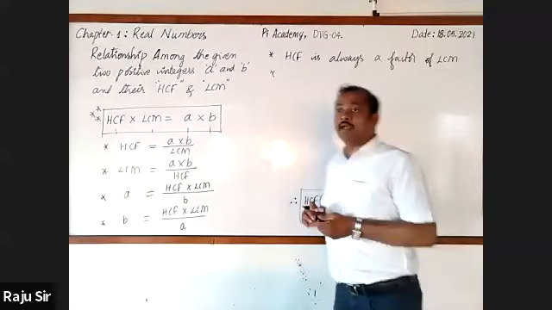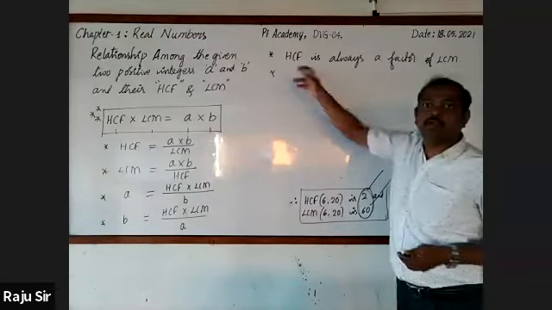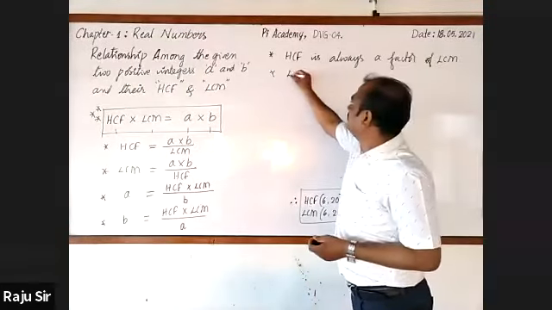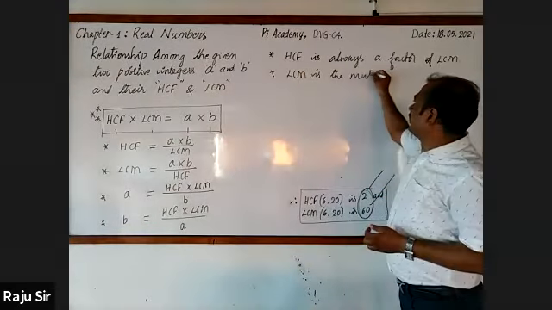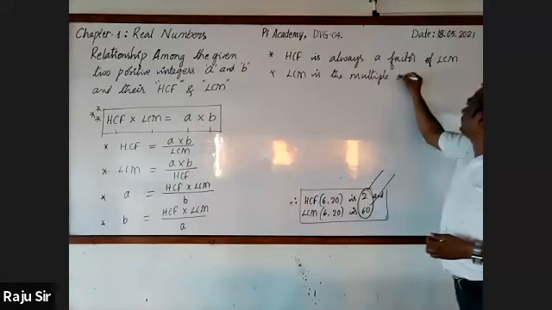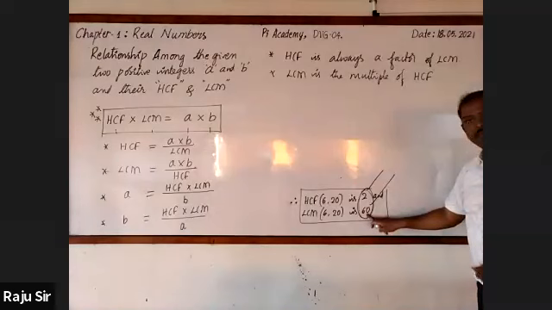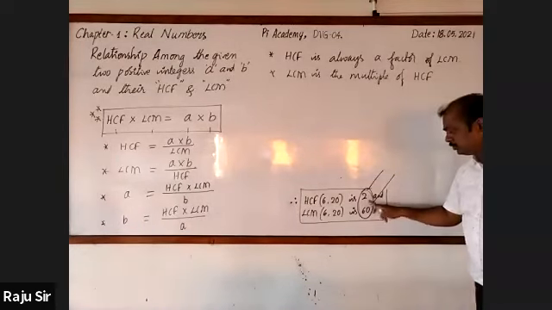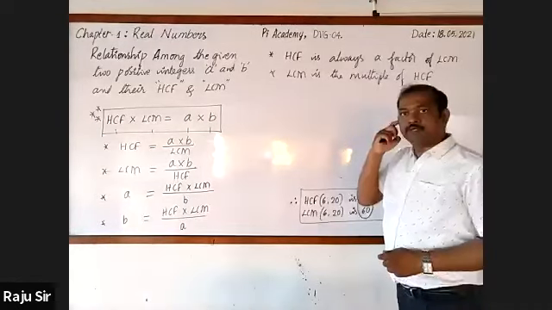Similarly, its converse statement can be written as LCM is the multiple of HCF. Observe, 60 is the multiple of 2. That is, 2 30s are 60. These two are very important.